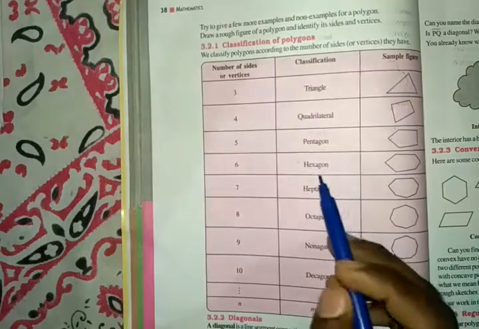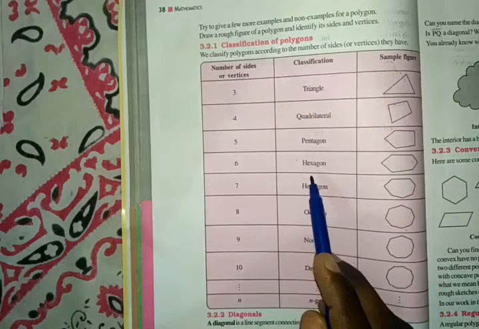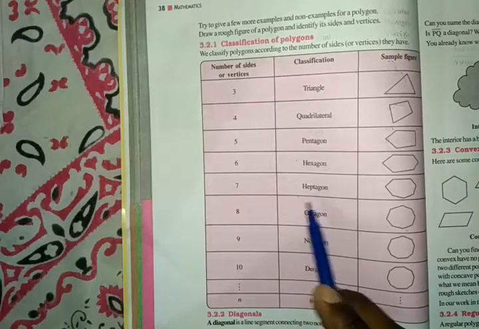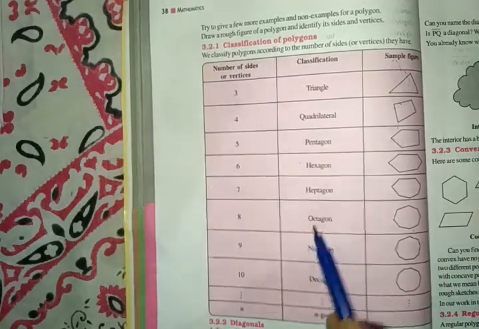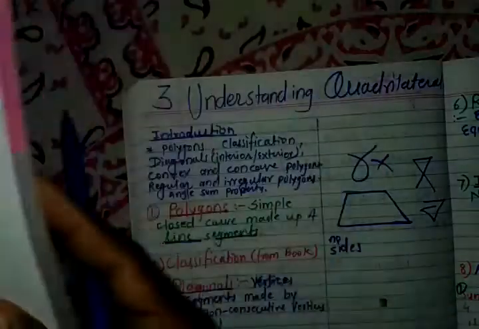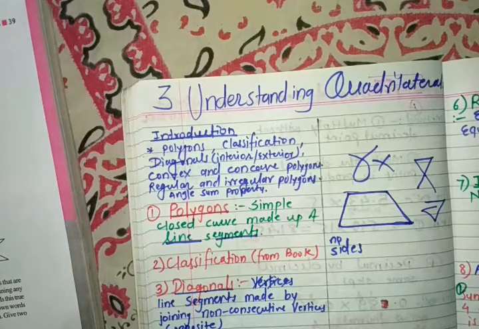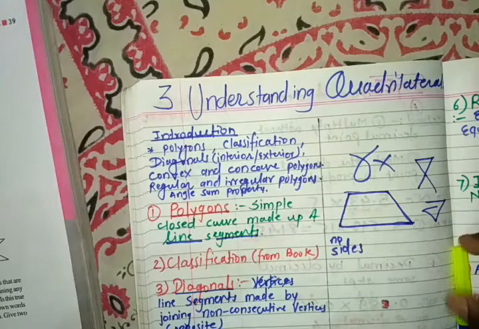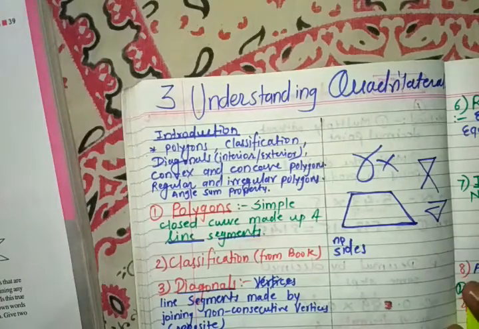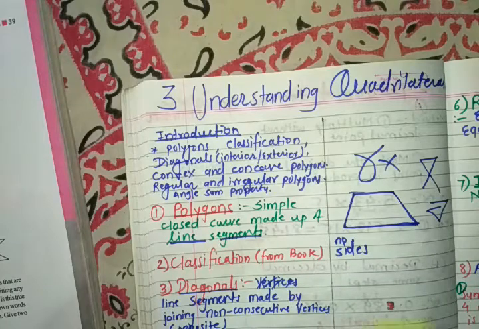Pent means 5, quad means 4, tri means 3, hexa means 6, hept means 7, oct means 8. So we classify the polygon according to the number of sides in it. This is all about the classification of a polygon according to sides. So there are many types of polygons.